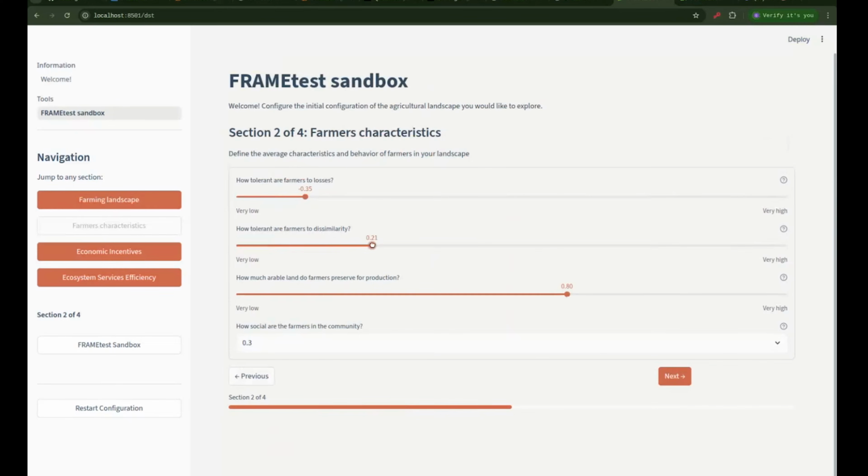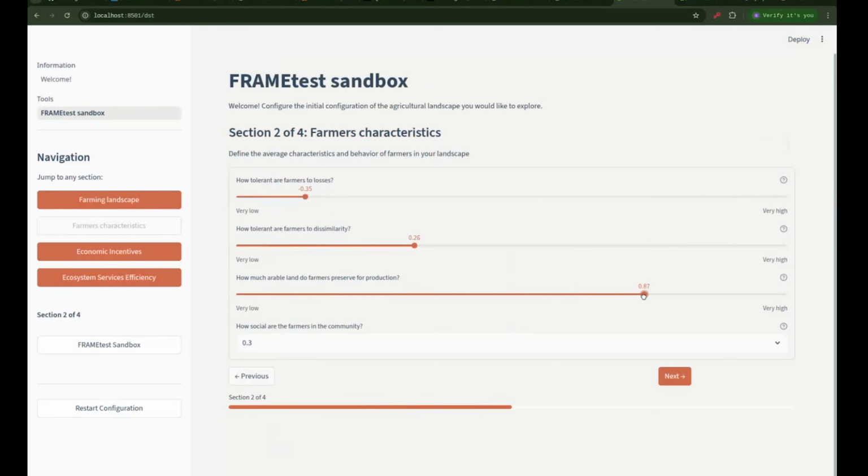Similar to how tolerant are farmers to dissimilarity. Basically, it means what is the threshold for becoming a social agent that is more likely to comply with social norms. And how much arable land do farmers preserve for production? In our model, since it's an optimization model, we need to define some constraints.